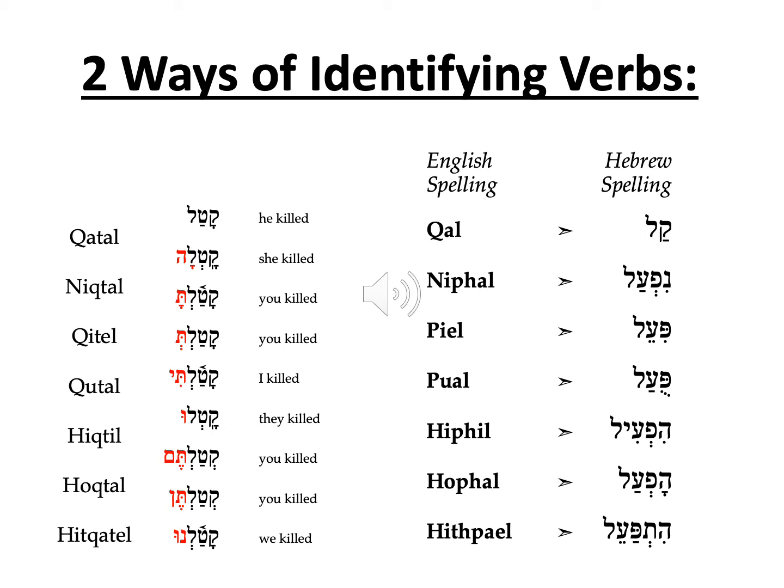Qal, when we're talking about the different stems, Niphal, Piel, Pual, Hiphil, Hophal, and Hithpael, and then qatal and the various conjugations of qatal within a different stem. So if you want to think of Qal through Hithpael as being more of a global overarching identification of stems, and qatal being a definition of the actual changes that take place to a particular verb.